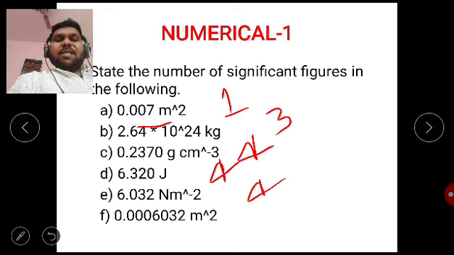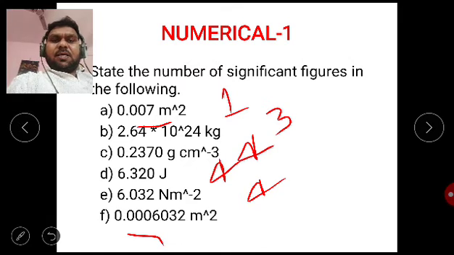And we will move to the last part of the numerical problem. We have to consider 0.0006032 and we need to find the number of significant figures. So there are 3 zeros to the left of 6 and 1 zero to the right of 6.